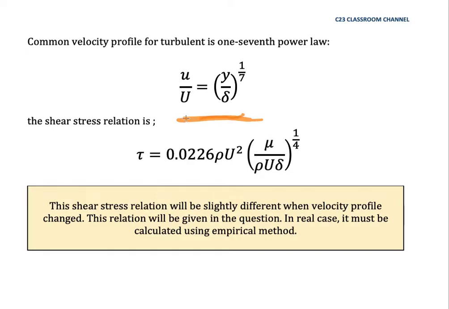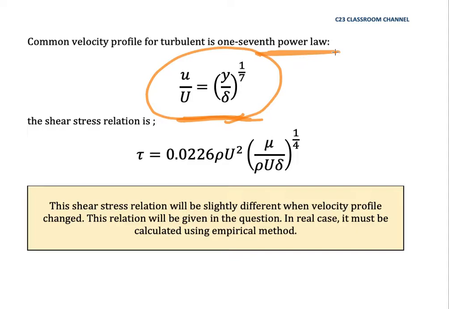That's why this velocity profile is called the 1/7 power law, because many applications which are not in a high-end situation, normal applications, can suit the velocity profile of y over delta to the power of 1 over 7.